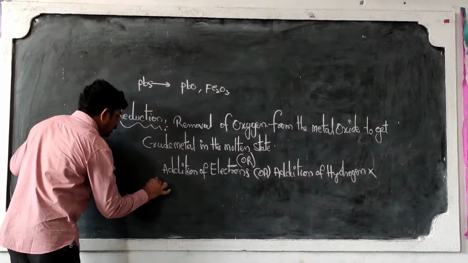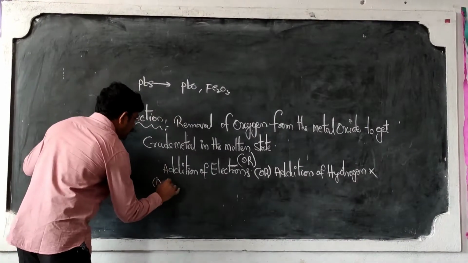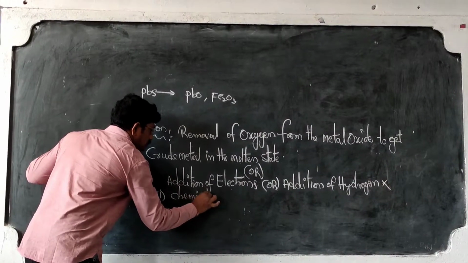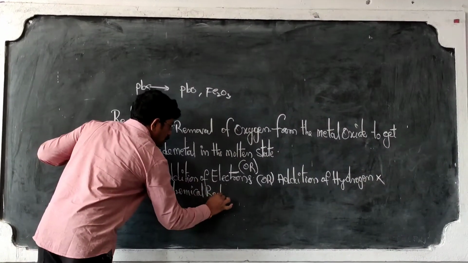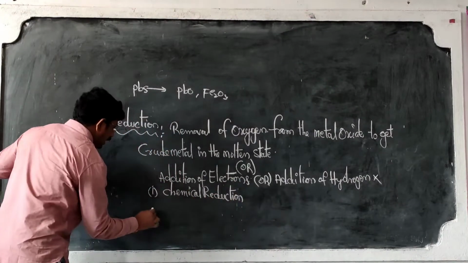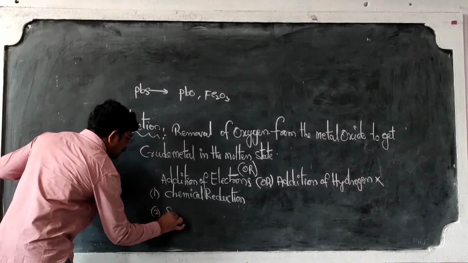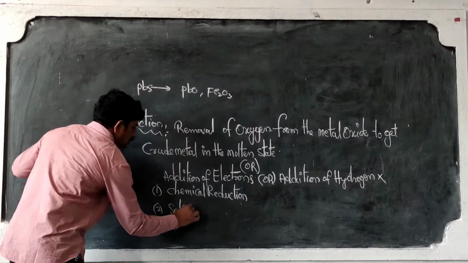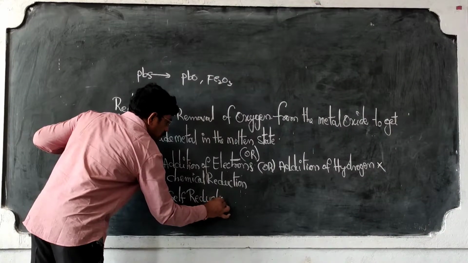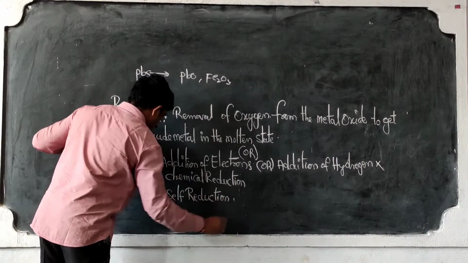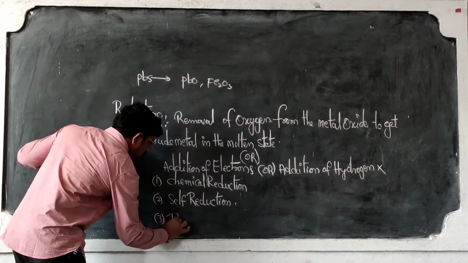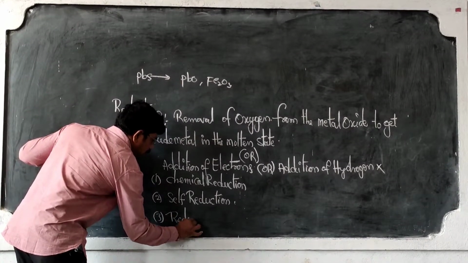Are you clear? So what are the different techniques or methods present in reduction? The first one is chemical reduction. I will discuss one by one. First you write down. Second one, self-reduction. Third one, reduction by displacement.